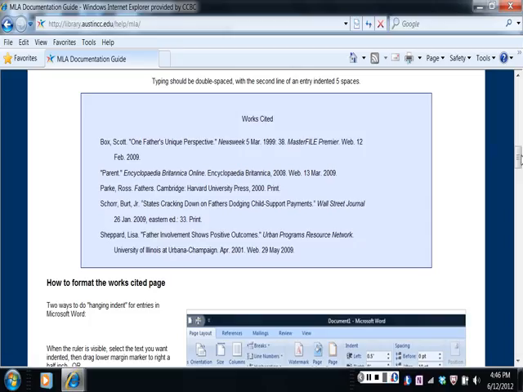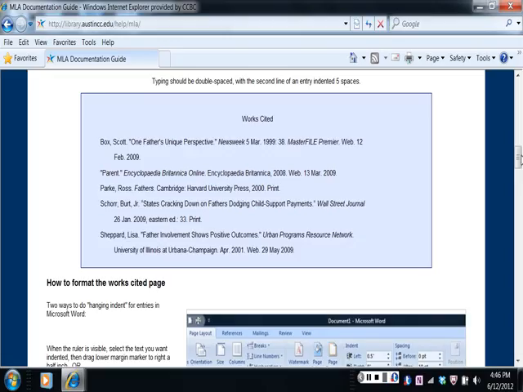First of all, underlining and italics are interchangeable. You can always underline or italicize as long as you are consistent. Large things are generally underlined or italicized, and short things are in quotation marks. And that is throughout the paper.